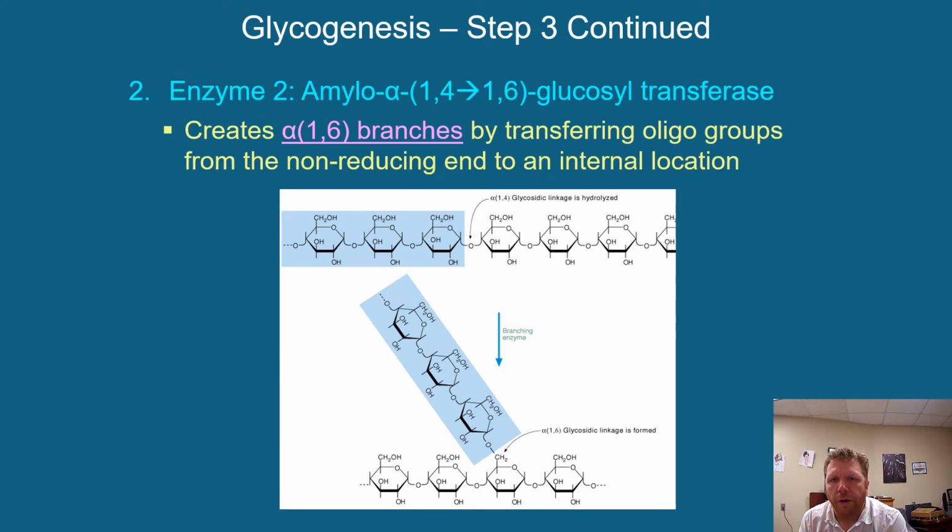Now, another enzyme in this process is commonly known as the branching enzyme. It takes that long chain on a glycogen molecule and creates an alpha 1,6 branch by transferring oligo groups from the non-reducing end to an internal location. So that's going to make a 1,6 linkage off of our glycogen molecule.